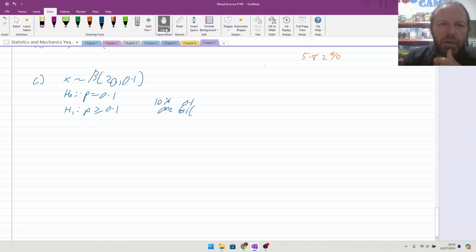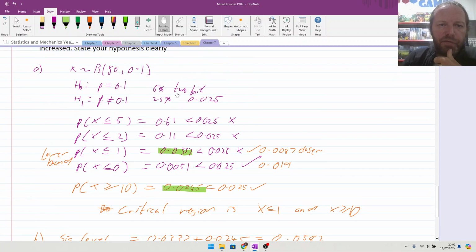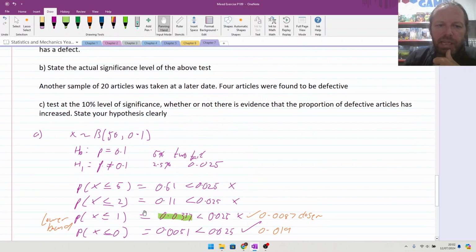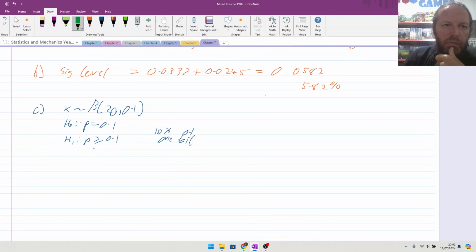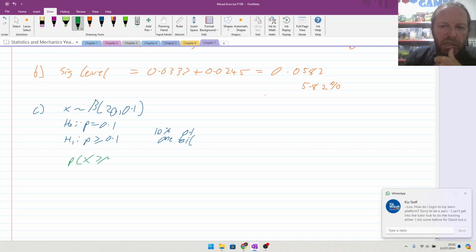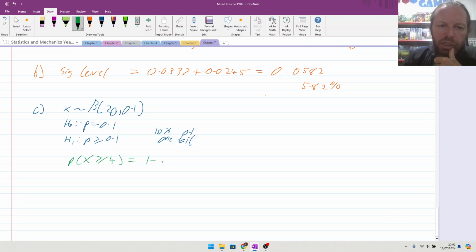And they want to know whether it's the sample where there was 4. They said there was 4 articles. So with the probability that x is equal to or greater than 4, we need to look at 1 minus the probability of x being less than or equal to 3 is less than 0.1.